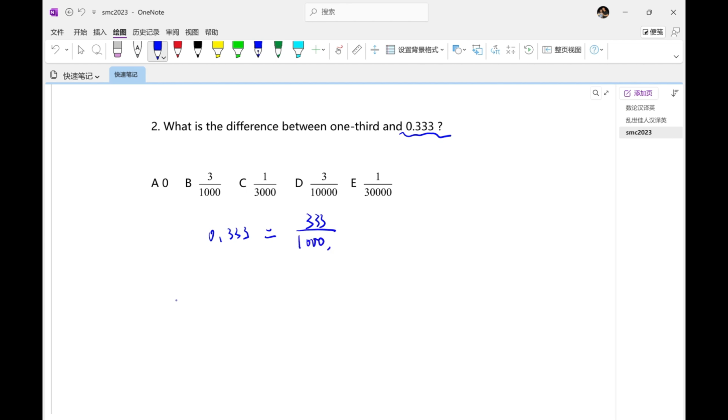Then we begin the calculation: 1 over 3 minus 333 over 1,000. Then we take a common denominator, that is 3,000. Then 1,000 minus 999, it is equal to 1 over 3,000. So the correct answer is C.